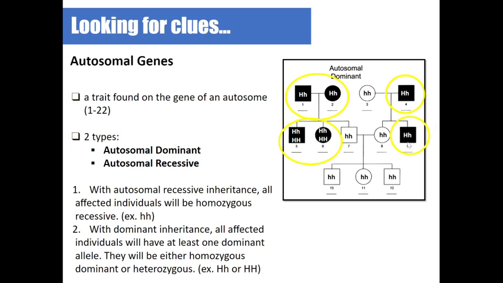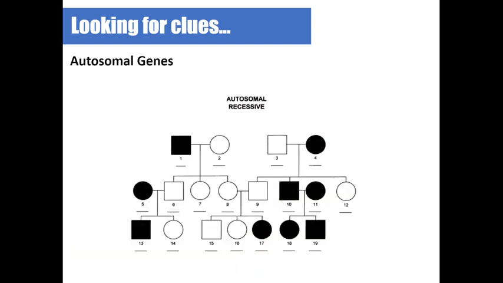So, we know that this one has to have that big H, little h, based on Mendelian genetics. All right. So here are the ones we're given. This is an autosomal recessive. So all the ones that are shaded in have little h's.